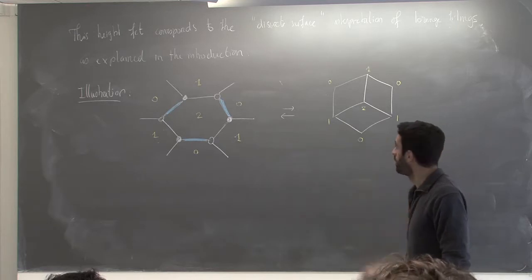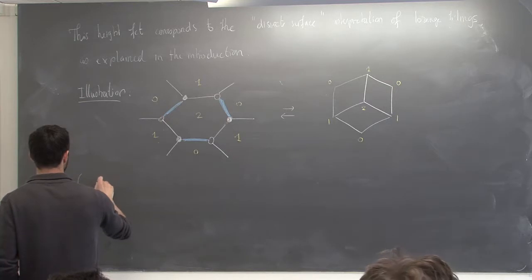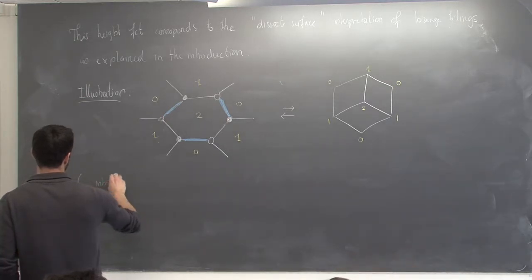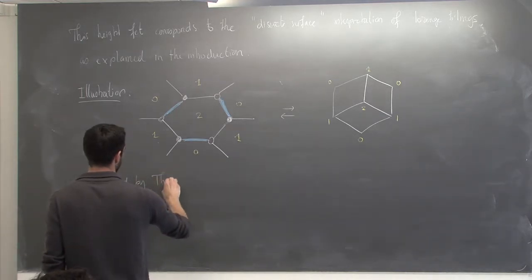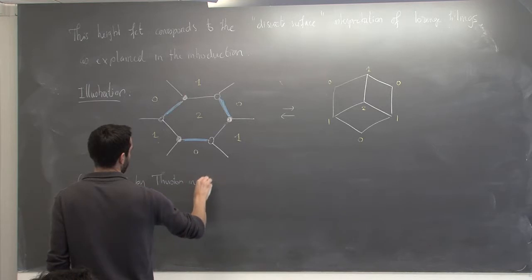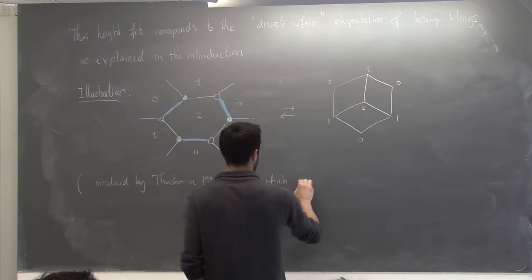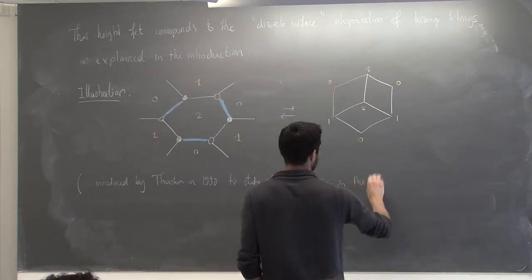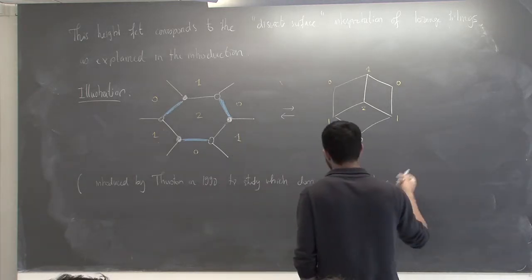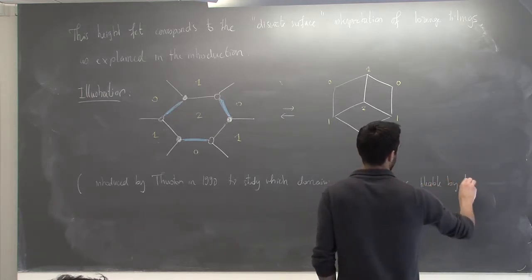It's extremely nice. So maybe just as a remark, this was introduced by Thurston in 1990 to study which domains in the plane are tileable by lozenges.